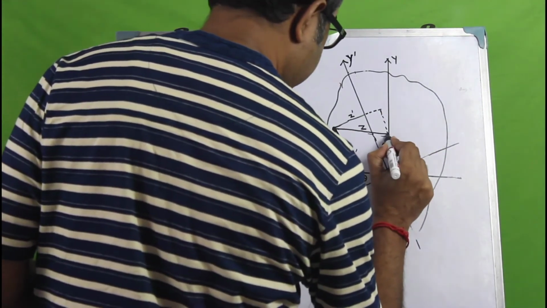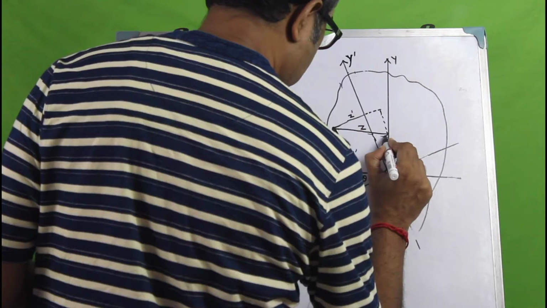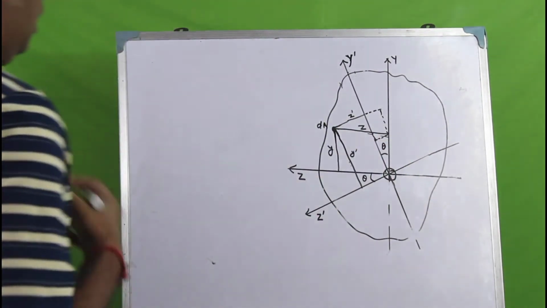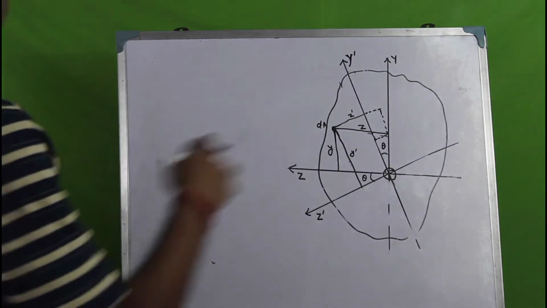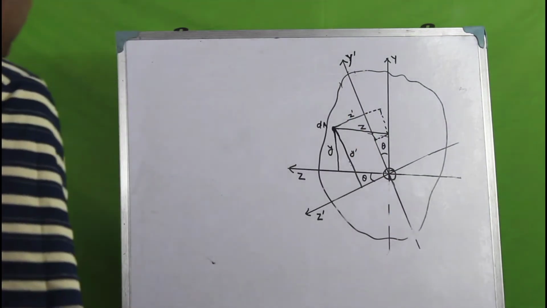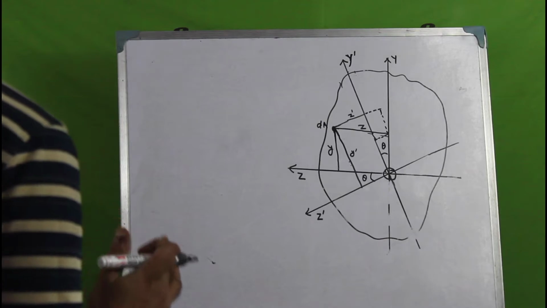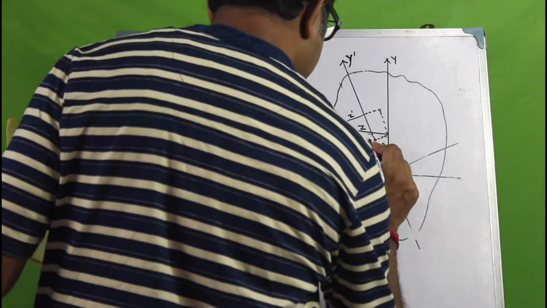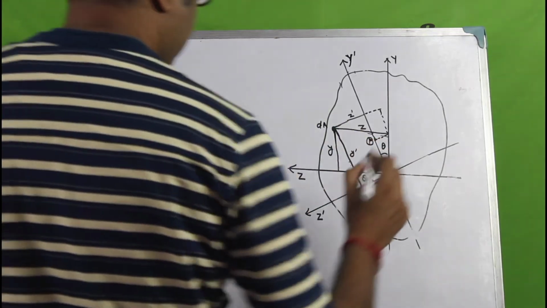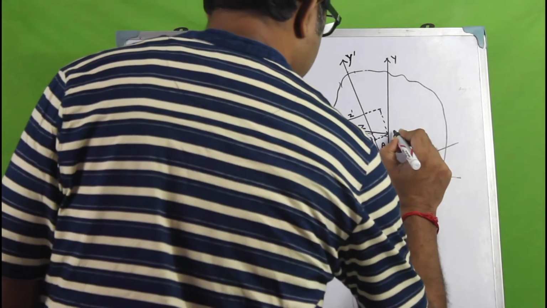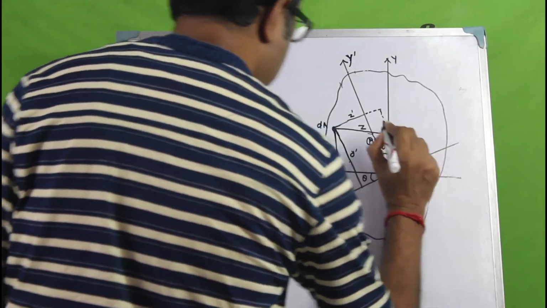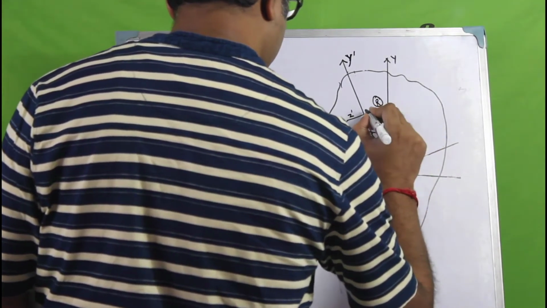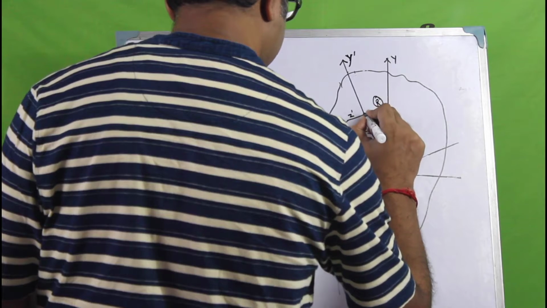And now from this line we drop a perpendicular to this particular y dash axis. Now let us name this point as P, this point as Q, this point as R, and this point as S.